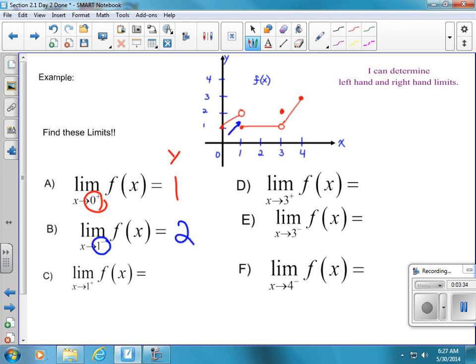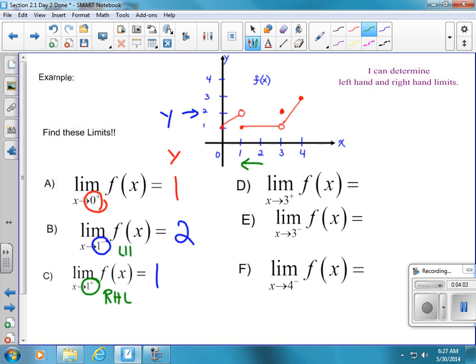So the 2 is the y value when x equals 1. The function from the left-hand side is going to 2. The function from the right-hand side, on the other hand, is the y equals 1 line. So that function is coming this way, going to 1. That's the right-hand limit.